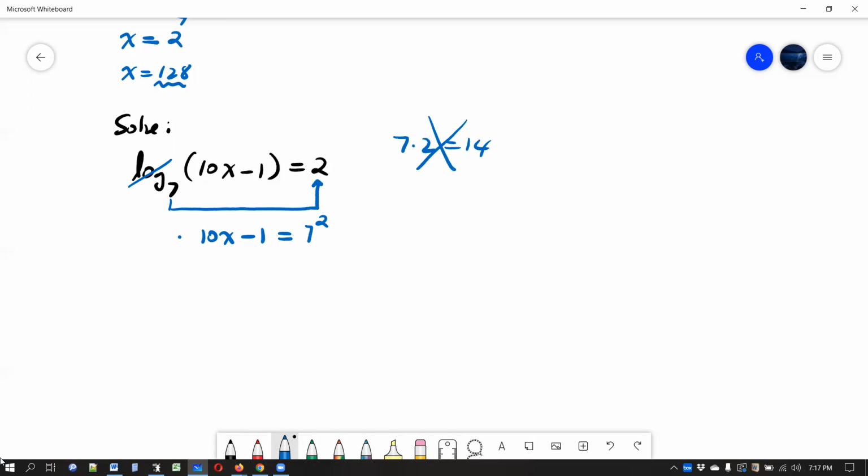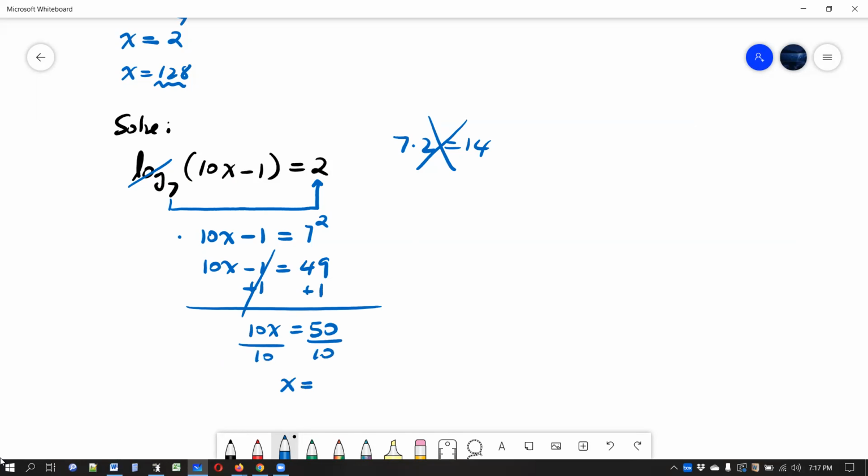Now I have to solve this simple linear equation. 10x minus 1 equals 7 squared, 49. 7 times 7. Add 1 to both sides. And 10x equals 50. Divide both sides by 10. Simple enough. x equals 5.